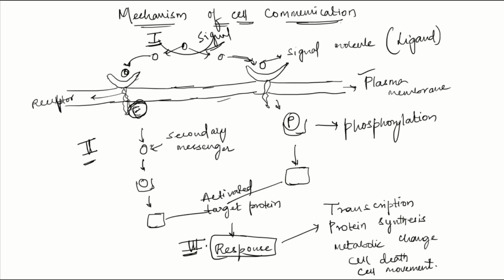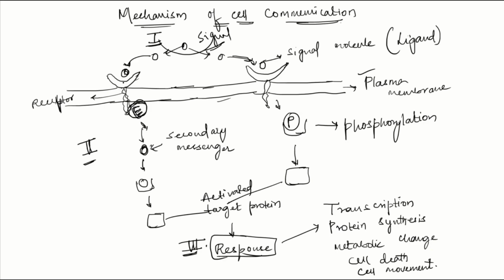When the signal molecule binds to the receptor, this effector protein attached to the receptor will get activated and produces some response, and from that response a secondary messenger is formed.